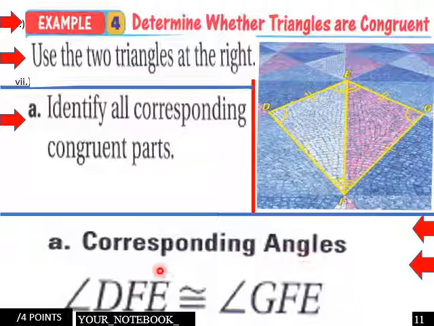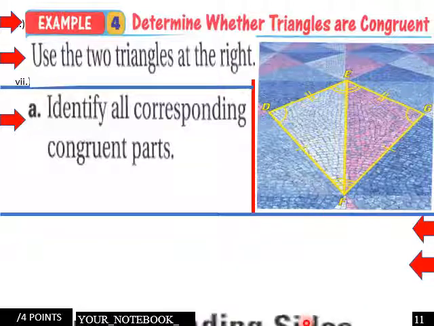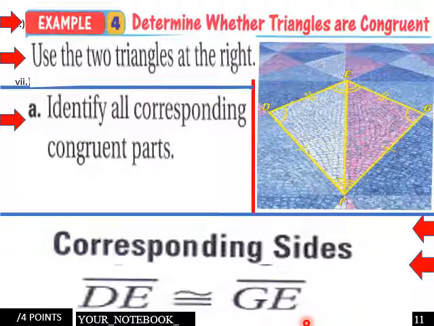And then corresponding angles here, angle DFE, so we're down here now. These two angles here are congruent, corresponding angles. Corresponding sides now, DE is congruent to GE.